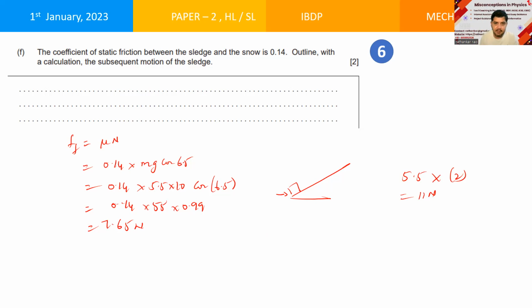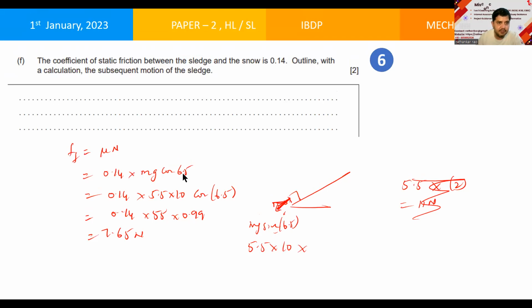Sorry, when it starts climbing here, the pulling force downwards is nothing but mg sine 6.5, not this value. So mg sine 6.5. What is m? 5.5 multiplied by 10 multiplied by sine 6.5. Once again, calculator.